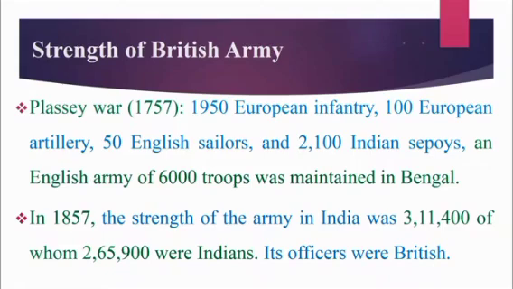So, as a whole, in 1757 it was only 6,000 troops, whereas in 1857 the strength of the army in India was 3,11,400.